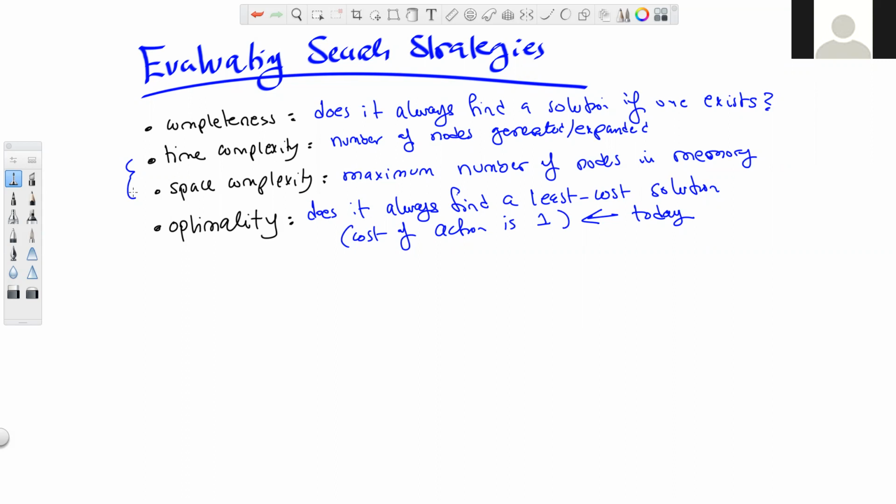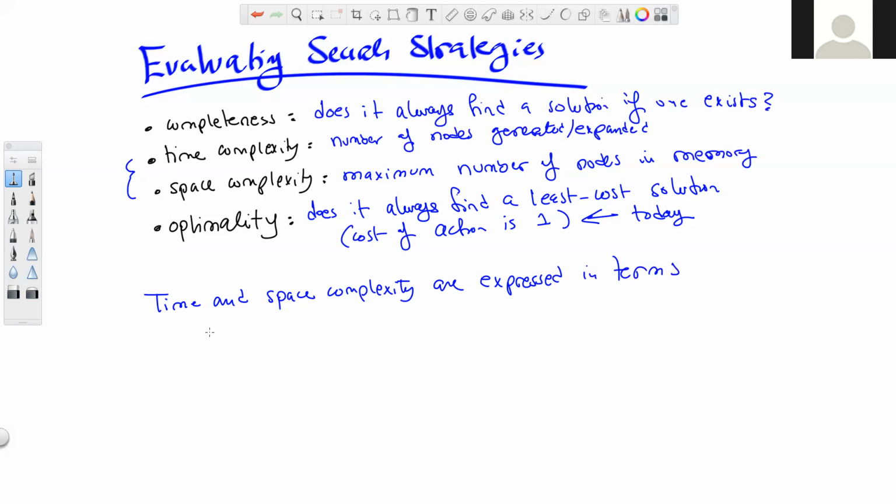What about here? If I'm going to express time and space complexity, I need to decide on the parameters that I'm going to use to express these complexities. So time and space complexity are expressed in terms of... and I want you to help me out here.